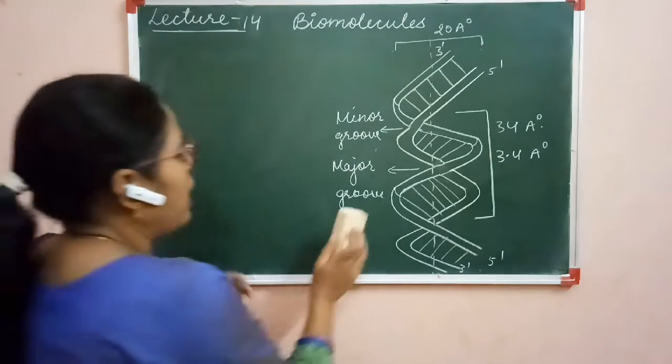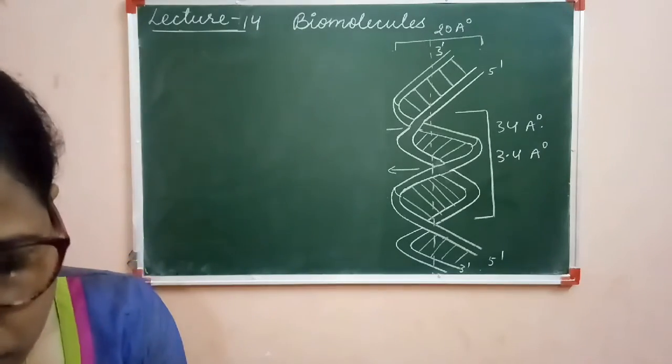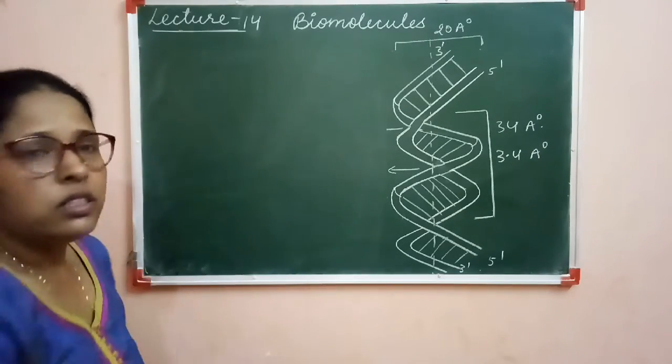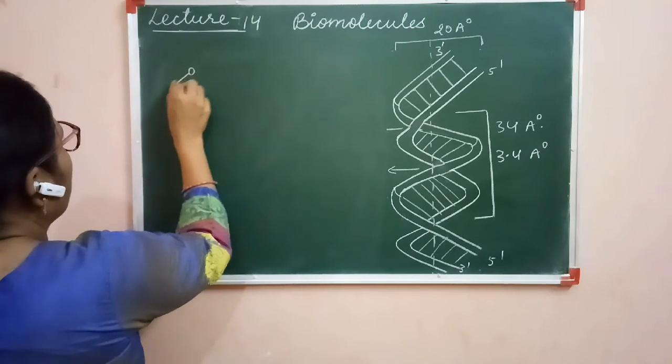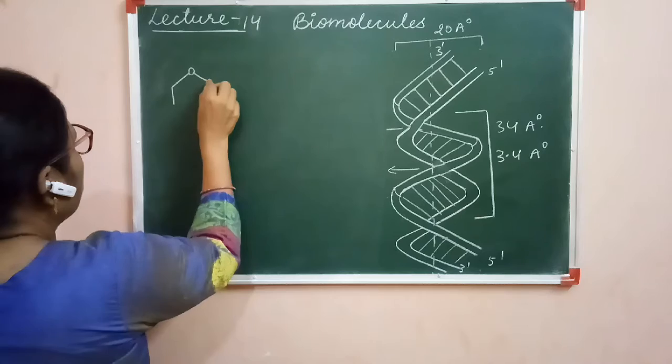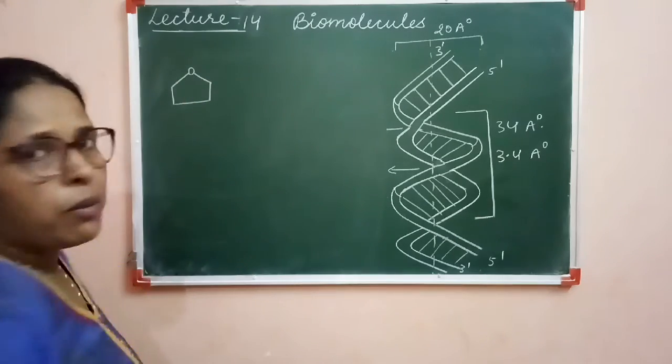So we will draw the skeletal structure. This is the pentose sugar. I am drawing here the pentose sugar. 1, 2, 3, 4 and 5th carbon is there.